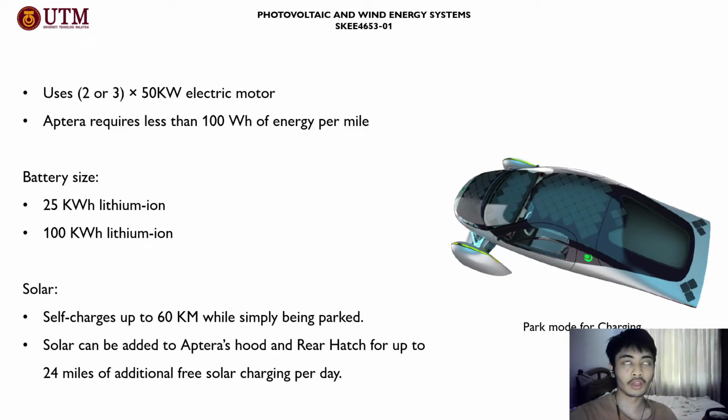The smallest can get up to 250 miles in one charge, and also the largest battery can get up to 100 miles in one charge. The solar feature itself is useful as it self-charges up to 60 kilometers while simply parked and not doing anything.